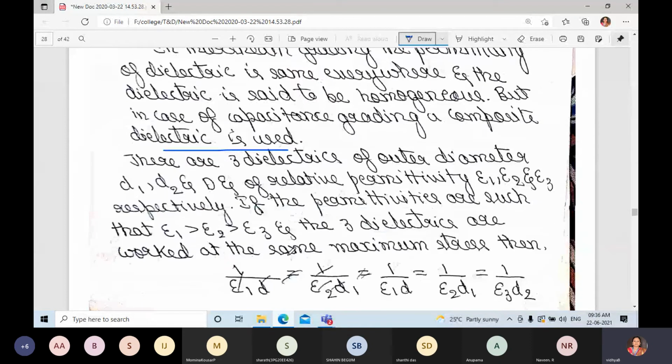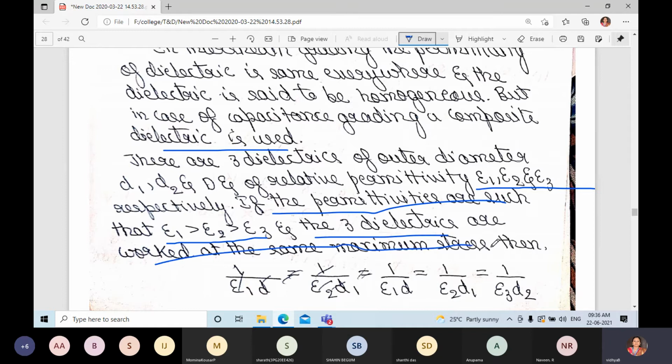There are three dielectrics of outer diameters d1, d2 and capital D, of relative permittivity epsilon 1, epsilon 2, epsilon 3 respectively. If the permittivities are such that epsilon 1 is greater than epsilon 2, and epsilon 2 is greater than epsilon 3, and these three dielectrics are worked at the same maximum stress, then what is the equation?